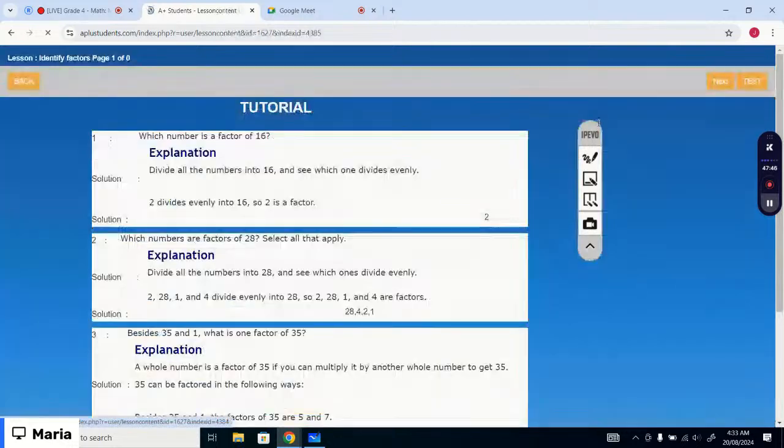that is identify factors. Let's just start with the lesson. Which number is a factor of 16? So a factor means the number that can evenly divide the given number, right?